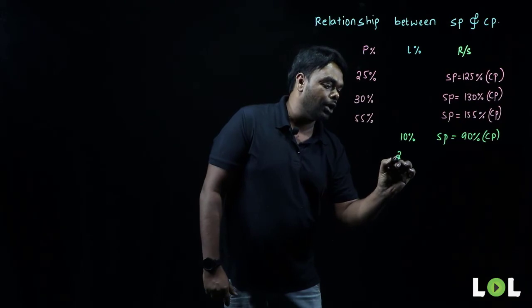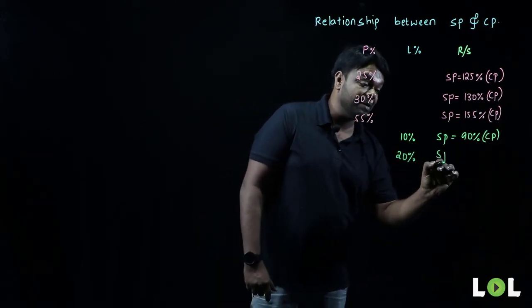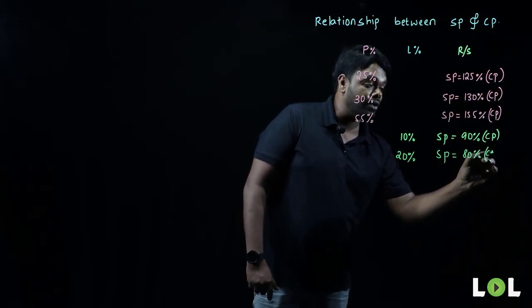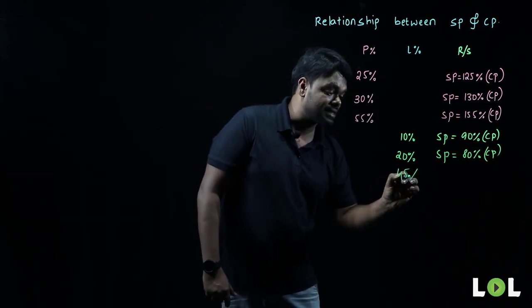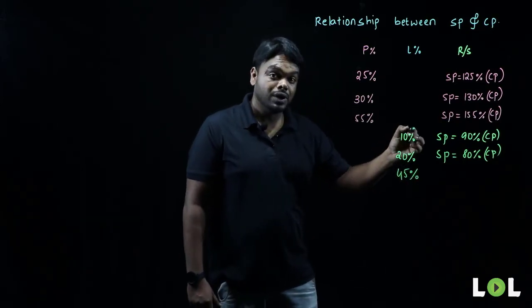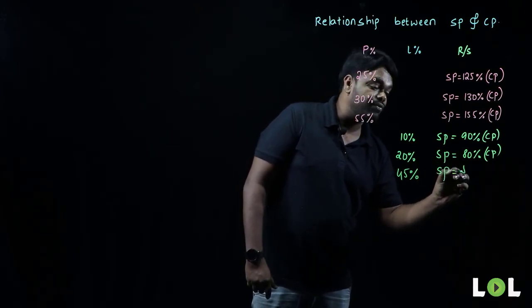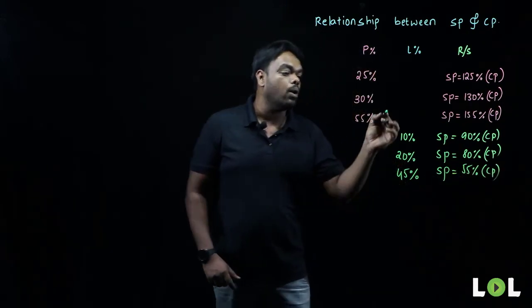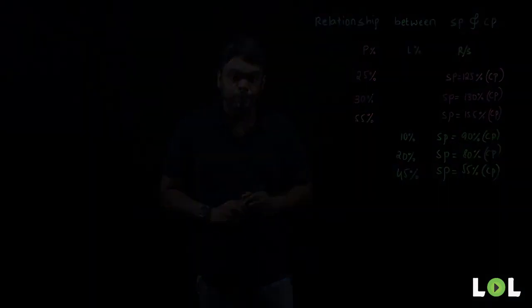Suppose the loss is 20%, we can write the relationship as selling price is equal to 80% of cost price. Suppose loss is 45%, I hope you are able to write it now. Selling price is equal to 55% of cost price. So this is how we write the relationship whenever profit or loss is given.